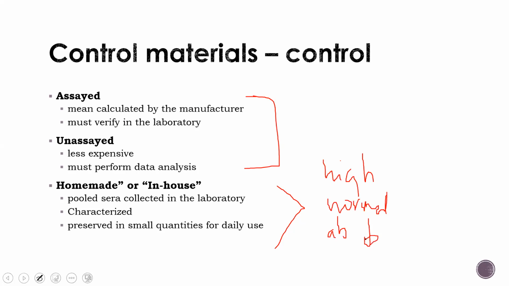So, ang gagawin mo, iipunin mo lahat ng high, iipunin mo lahat ng normal, at iipunin mo lahat yung abnormal. Sila na ngayon ang gagawin mong control. Pwede mo silang maging basis since you already know their values. So, alam mong mataas ang value nila, alam mong normal, and alam mong abnormal low.